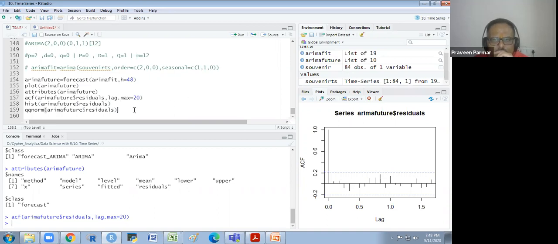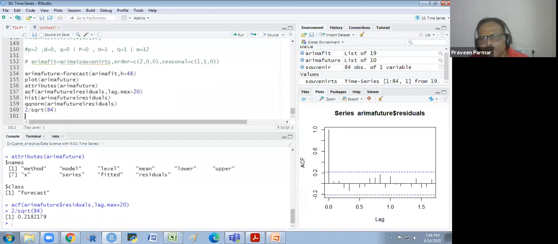And when you divide 2 by the square root of 84, and we see what we get, 0.21. So it is correct or not? Does that make sense to you? How do we get this upper confidence level and the lower confidence level?